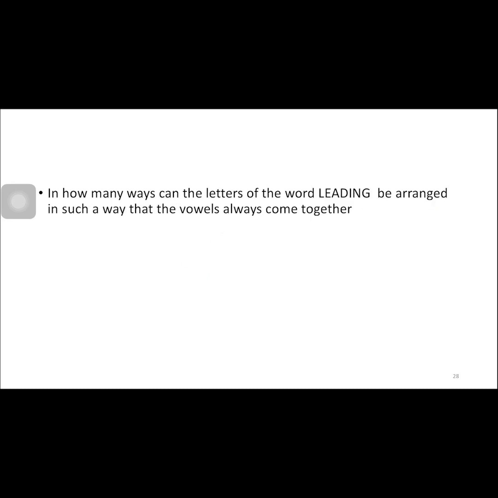Next, in how many ways can the letters of the word LEADING be arranged in such a way that the vowels always come together? The vowels are E, A, and I, and the consonants are L, D, N, G. The vowels should be together, so they are considered as one group, and together with the 4 consonants we have 5.